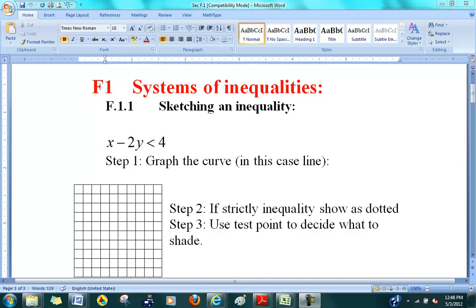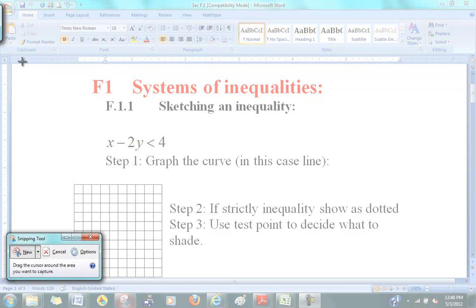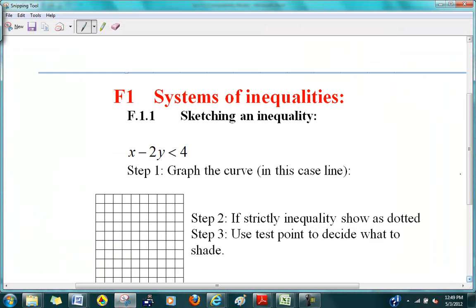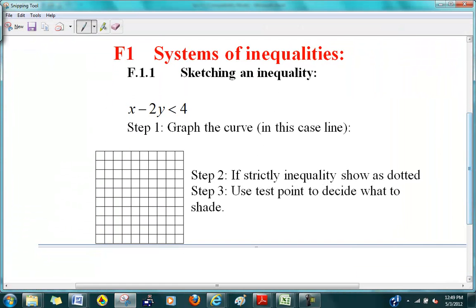Okay, so we're going on to Appendix F1, and it's about graphing inequalities. So if you take a look here, I want to graph this inequality, and here are your steps. First you graph the line, and I will put the x and y axis here.